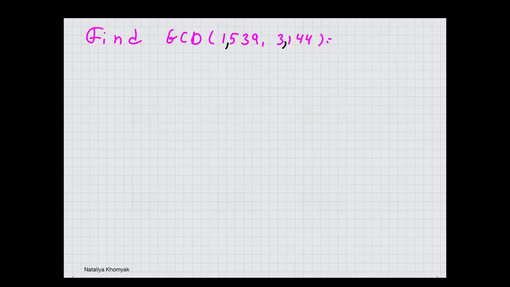So you start with rewriting the larger number, which is 3144, in terms of the smaller number, which is 1539. 1539 goes into 3144 2 whole times. 3144 minus 1539 times 2, the remainder will be 66, so plus 66.